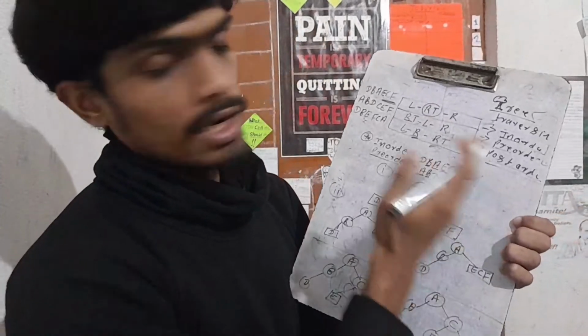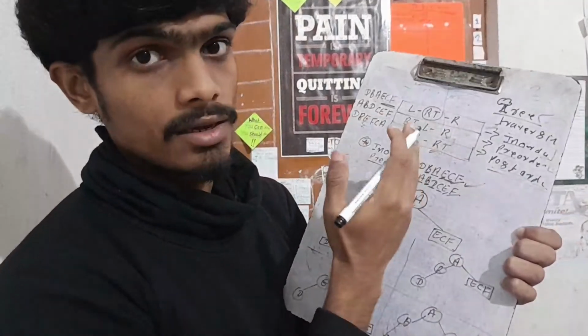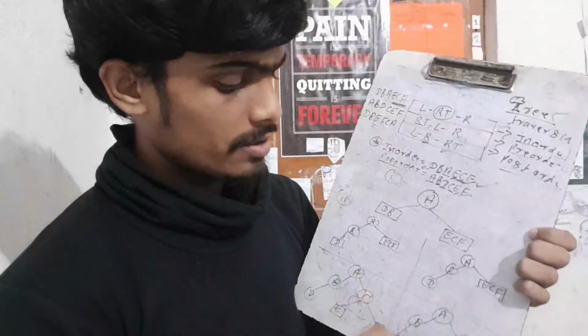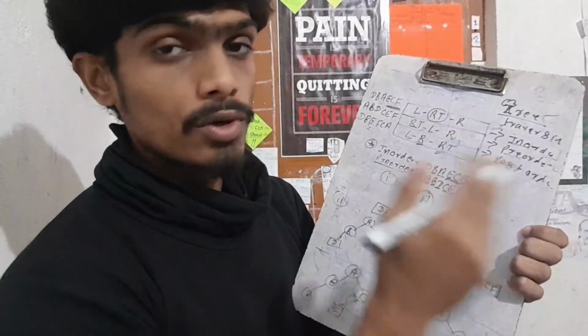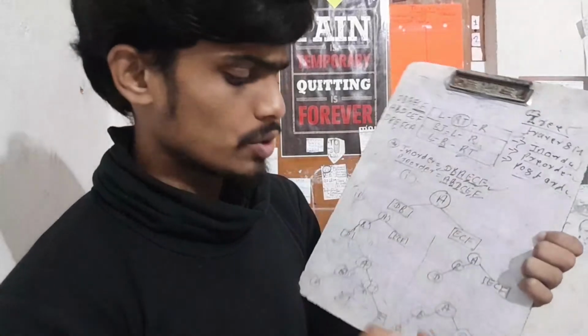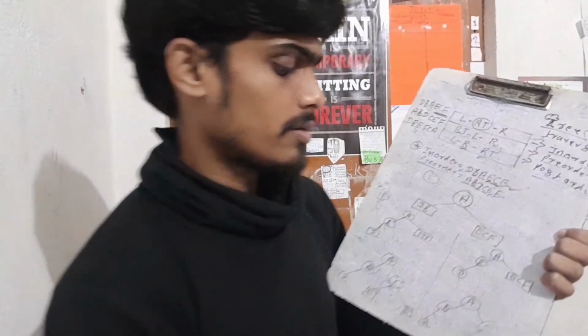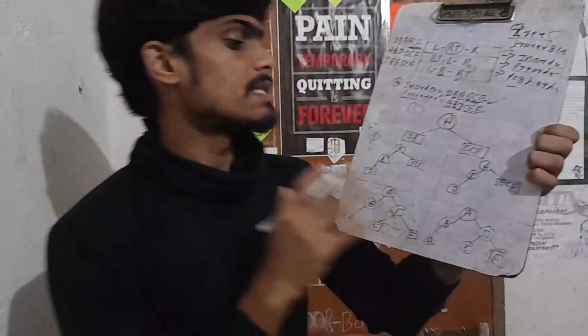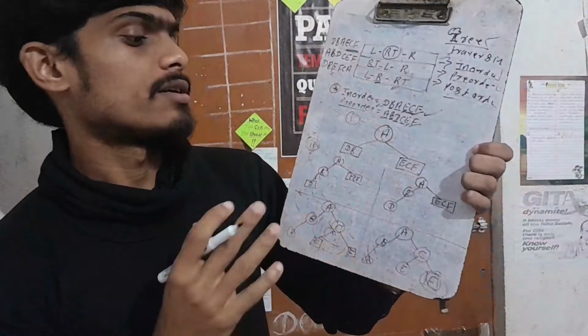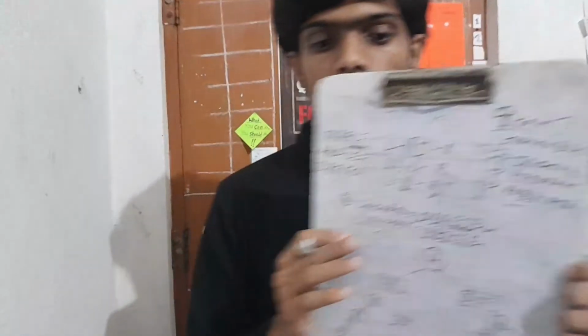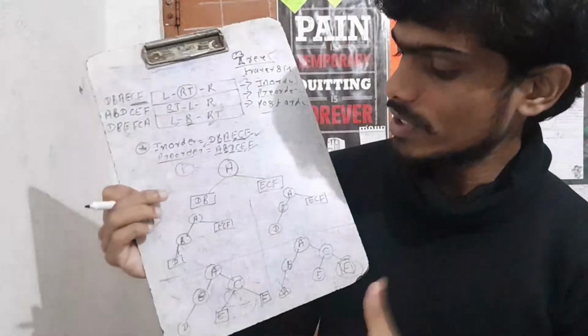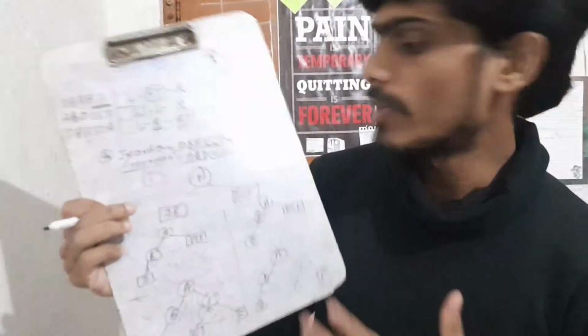What is the left of f? c, already displayed here. But if you go to the right of f, there is nothing. So we finally display f. So this is the method of drawing binary trees. By using this method we can easily draw any binary tree.